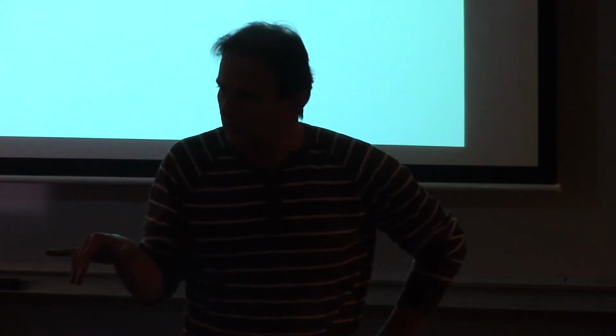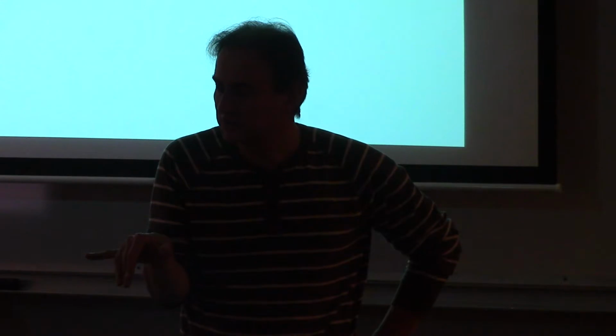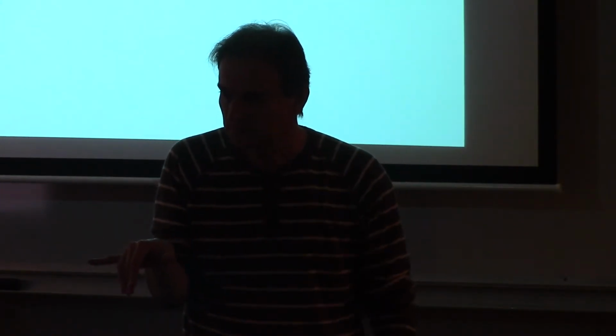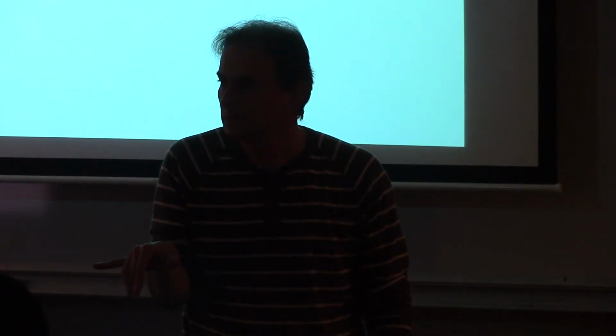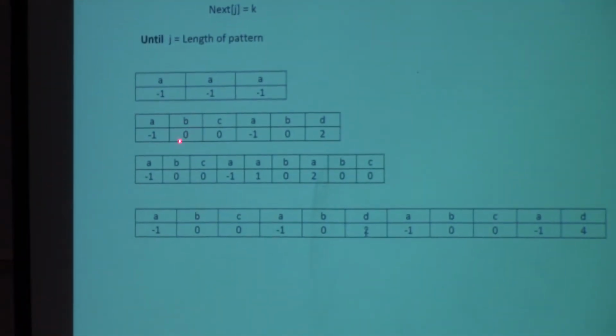The pattern index for the next comparison goes to 0, and the last J value stays the same. So it looks to me that's what's happening here on the 0. The 0 indicates that we start with the 0 index on the pattern, and the index of the text stays the same as before.